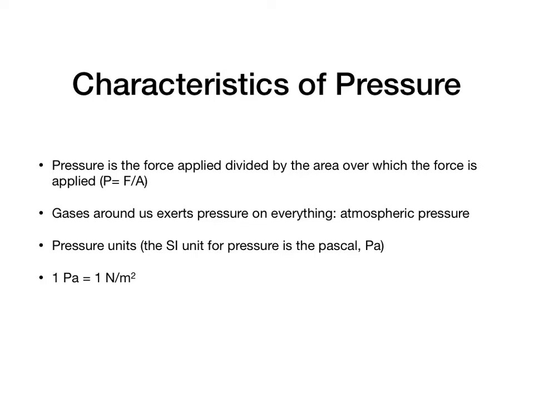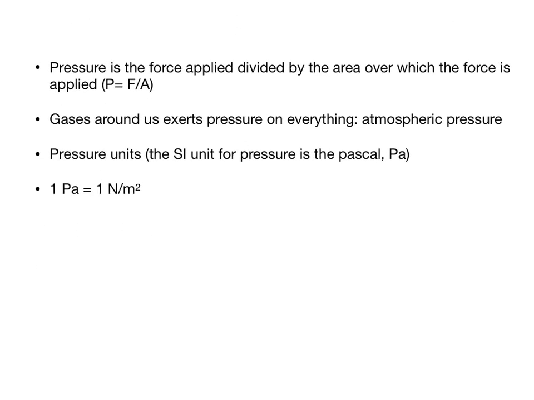So pressure units. The SI unit for pressure is the Pascal, and 1 Pascal equals 1 Newton per meter squared. So 1 Pa equals 1 N per meter squared, and newtons are force.